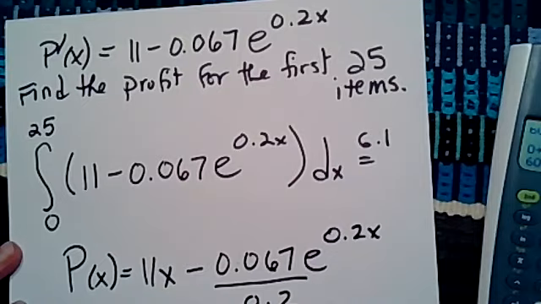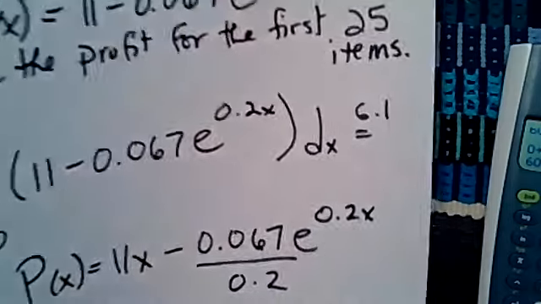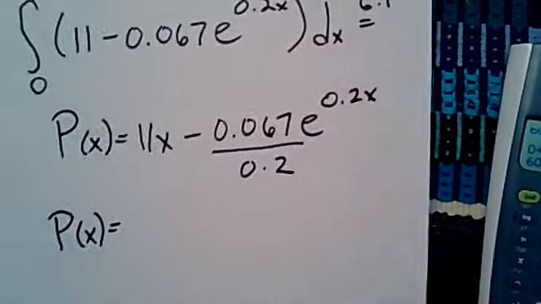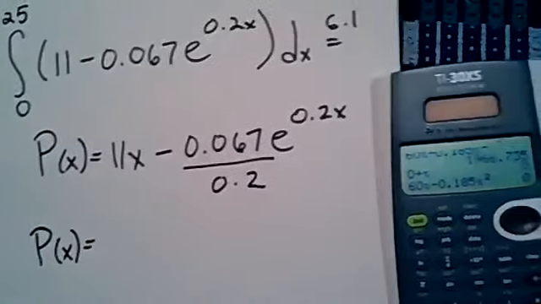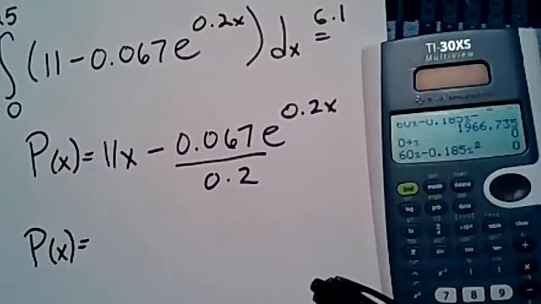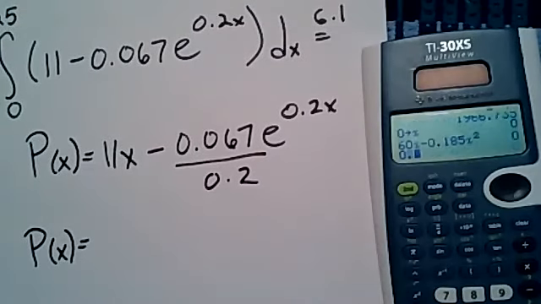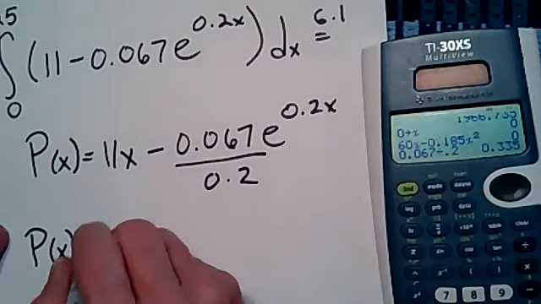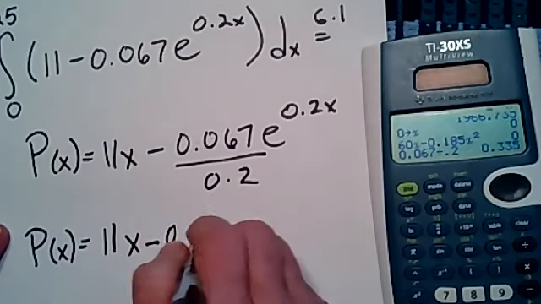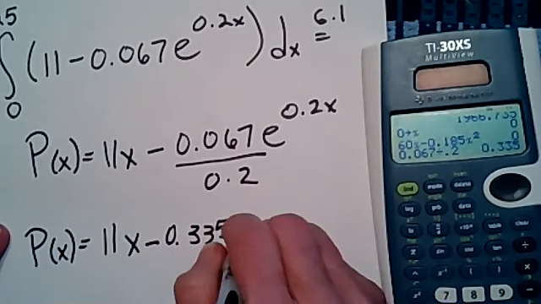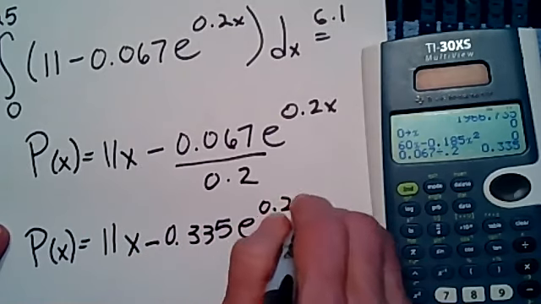Now what I might do is see if that makes a nicer number. 0.067 divided by 0.2. Yeah, that's easier for me to type in. 11x minus 0.335 e to the 0.2x.